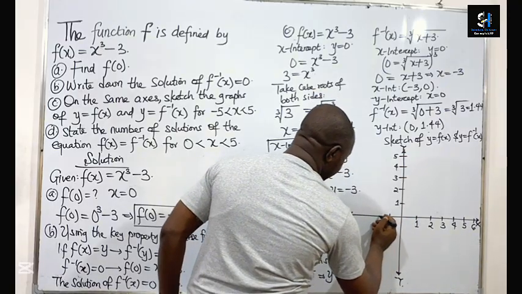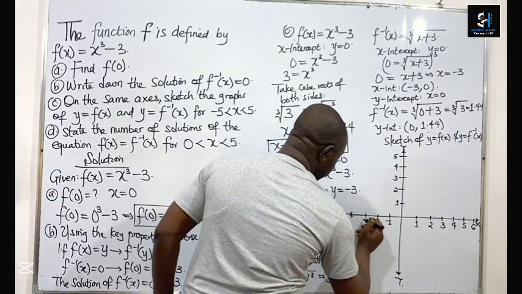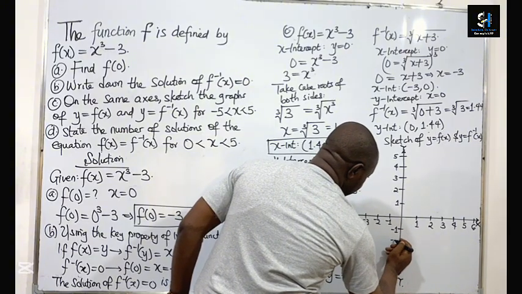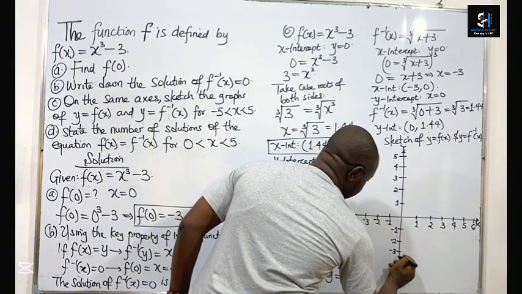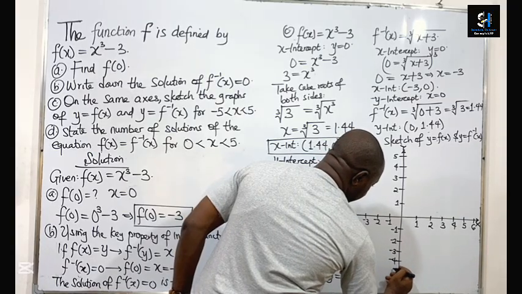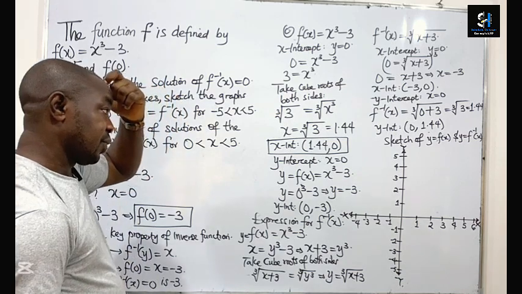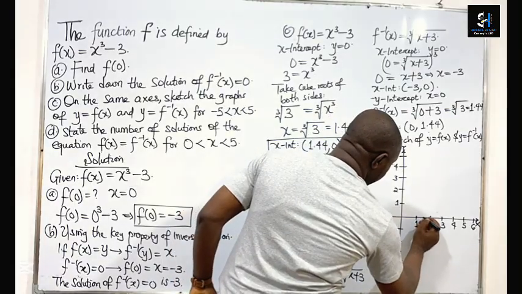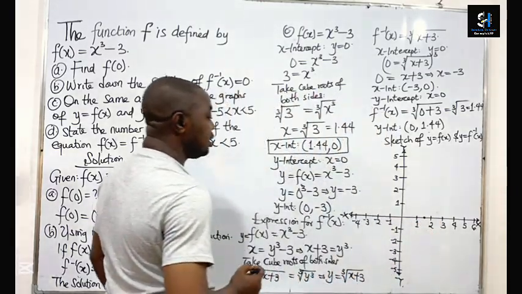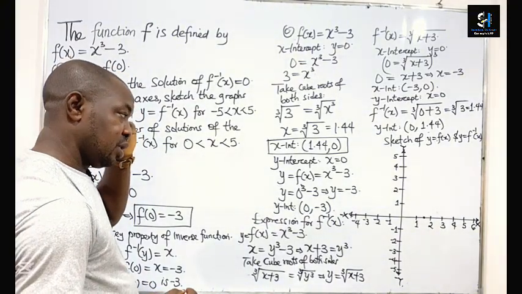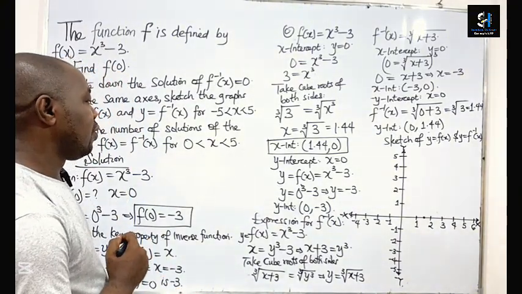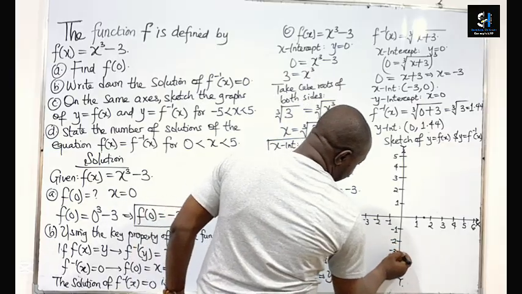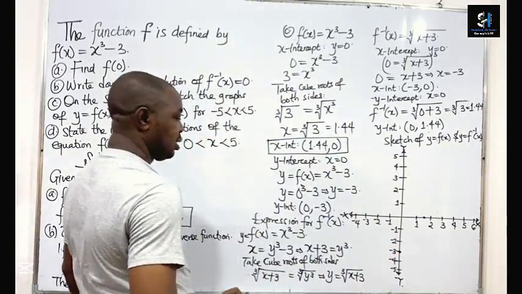This is negative 1, negative 2, negative 3, negative 4, and this is negative 1, negative 2, negative 3, negative 4, negative 5. When the value of x is 1.44, y is 0. When the value of y is negative 3, x is 0.